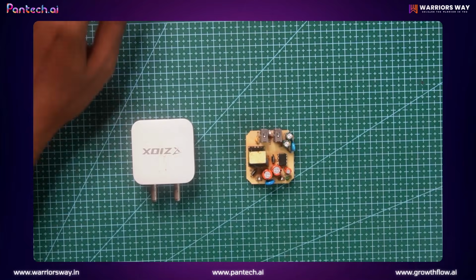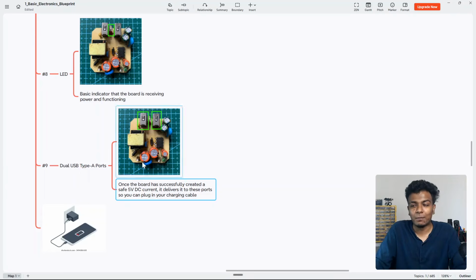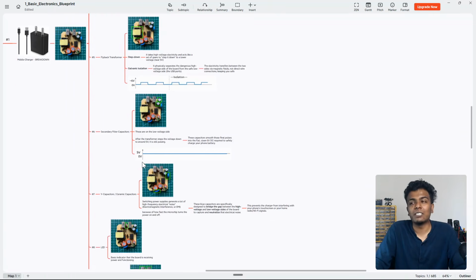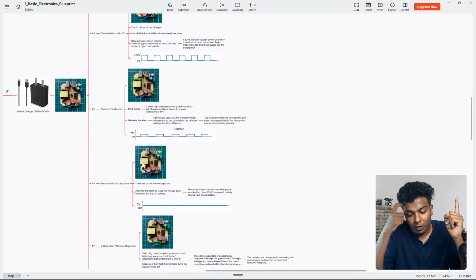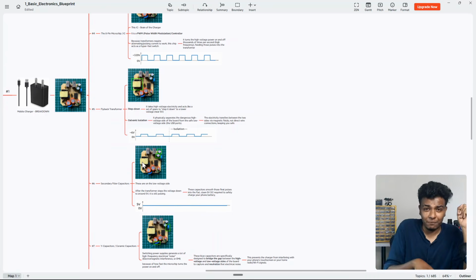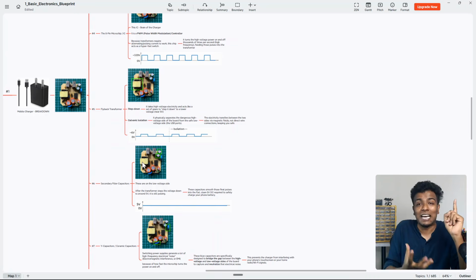Okay, now in this session, I'm just going to add a few points, where some people will have doubts. The first doubt you may have: some people will ask, Sanjay, why can't we put the transformer first to convert the bigger voltage to a lower voltage, and then do the AC to DC conversion and all? But remember, that is going to make your charger bulkier.